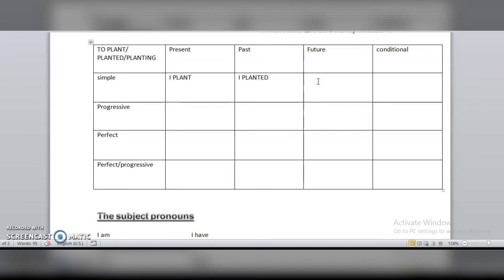Right? So I get I will plant. It's the future. For the conditional, sorry, I get I would. Would is the auxiliary, and then I add the base form. Good. I would plant. Right.